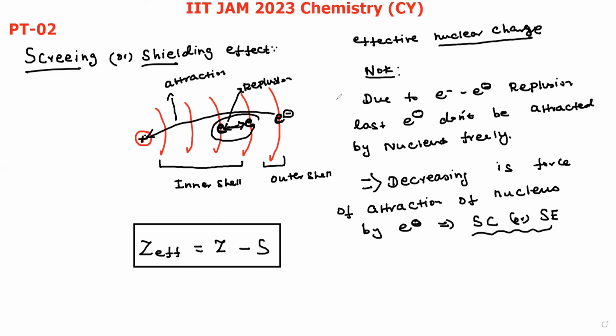Now I'm going to find out the S value, the screening value, using the Slater rule. Okay, now note, please note. This is a very important point. For the hydrogen atom, how many electrons are there?